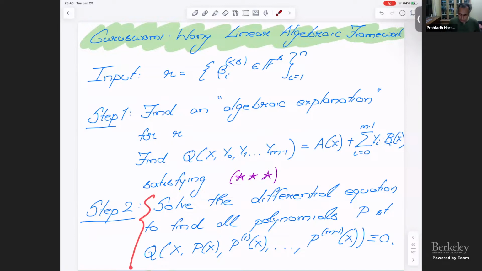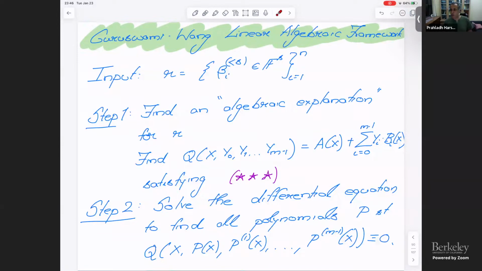Solving this differential equation is not a hard task at all. It will be an upper triangular system in the coefficients of P with just m degrees of freedom. Once you fix the first few small coefficients of P, you can complete the upper triangular system. You solve it and that's it.